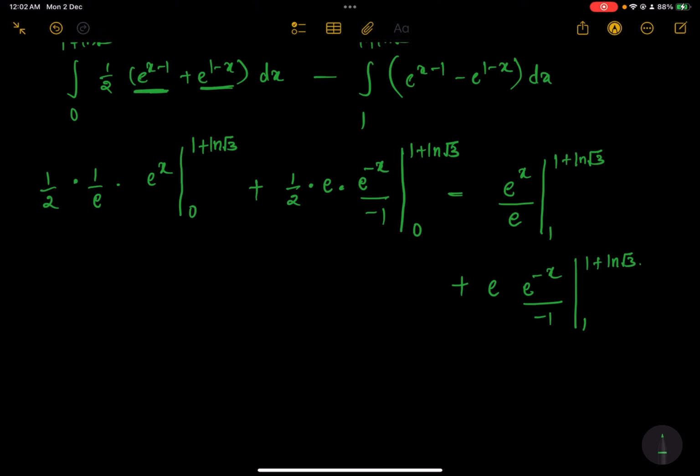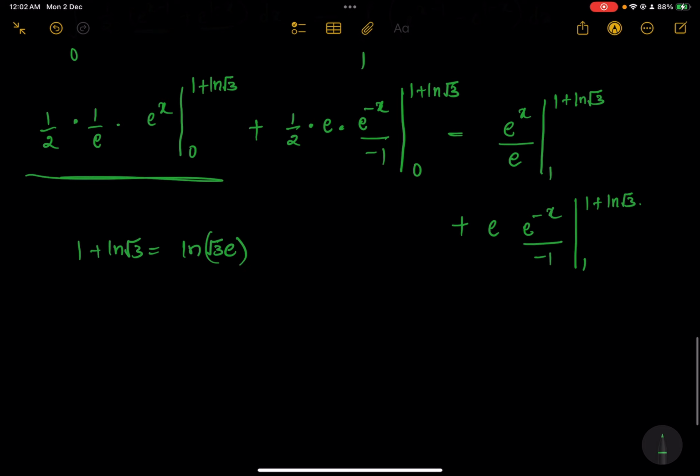Alright. So let us write 1 plus ln root 3 as ln root 3e, because it will be convenient here. So the first term is 1 by 2e times e to the power ln root 3e minus e to the power 0.